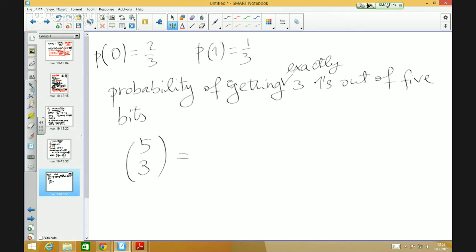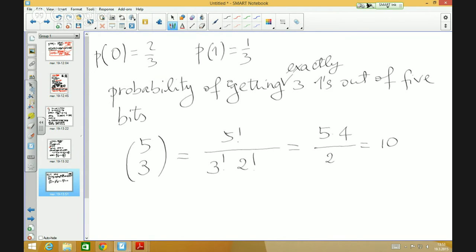And what is this? This is 5 factorial divided by 3 factorial times 2 factorial. Which is what? It's 5 times 4 divided by 2.